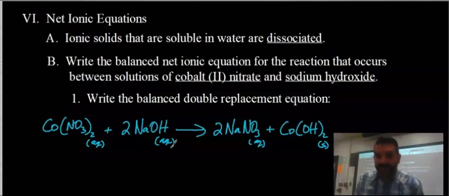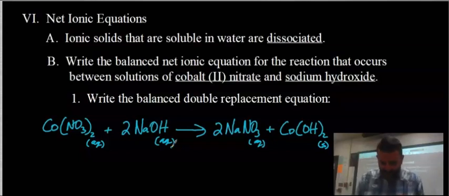Well, all nitrates are soluble. All alkali compounds, alkali metal compounds like sodium compounds are soluble. So definitely sodium nitrate is soluble in water. Most hydroxides are insoluble. There are some exceptions. Cobalt-2 is not one of those exceptions. So that precipitate was cobalt-2 hydroxide.